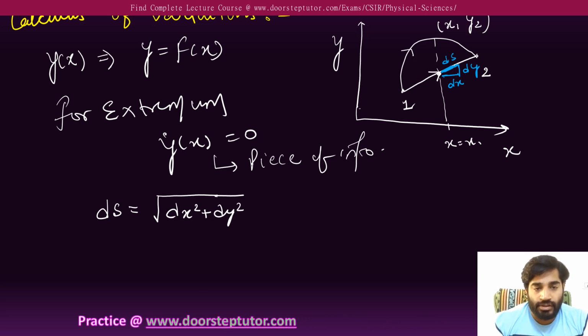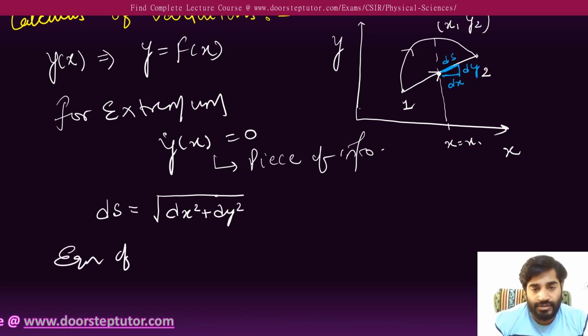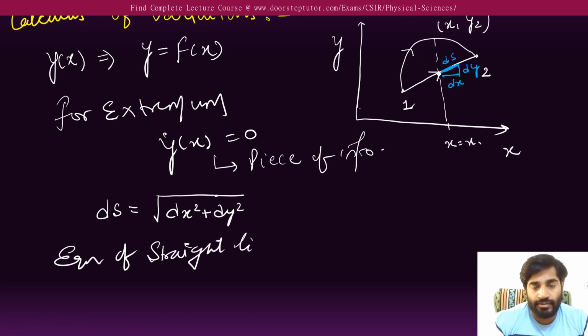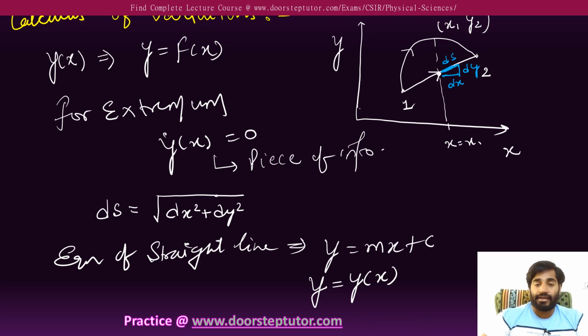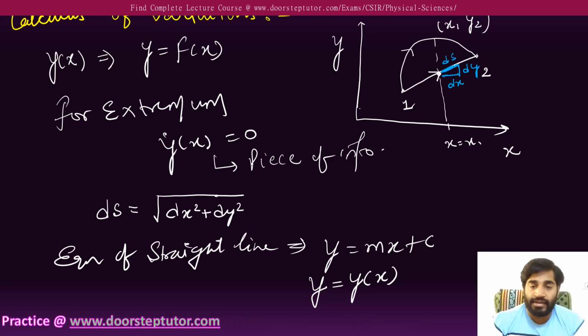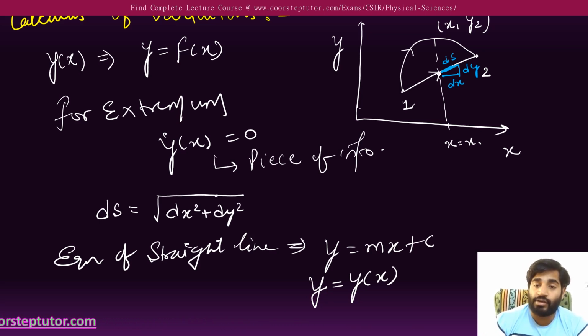Why do I take this ds? Because as we know, the equation of a straight line is very simple: y equals mx plus c. So from here, can I say y is a function y of x? Simple one. And at different values of x there is a certain fixed value of y, means for other values of x, y is independent of x, isn't it?